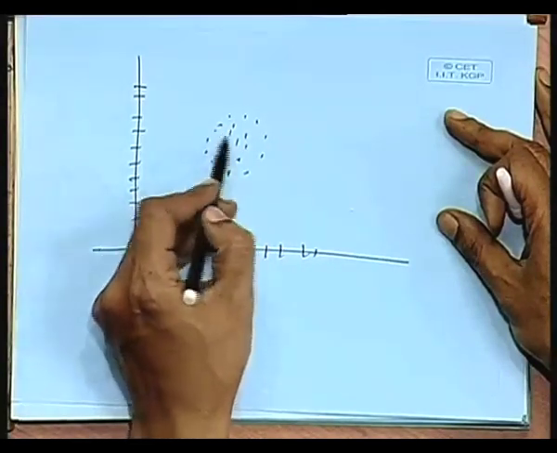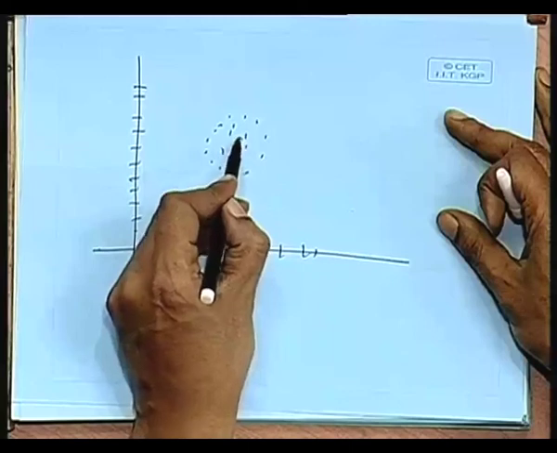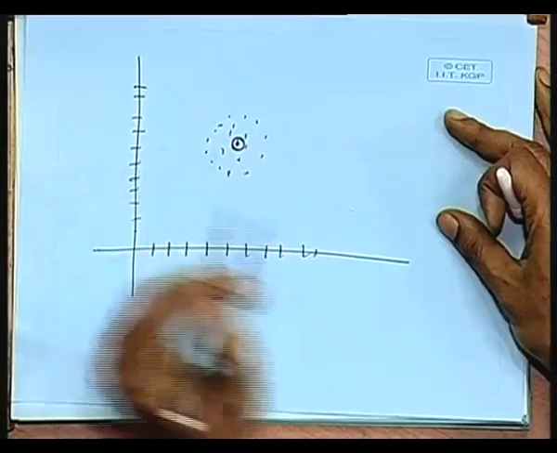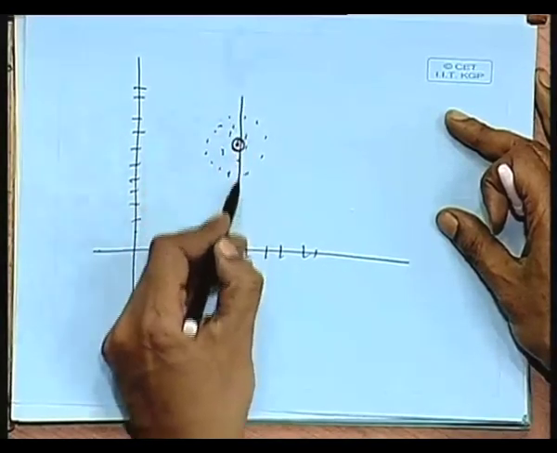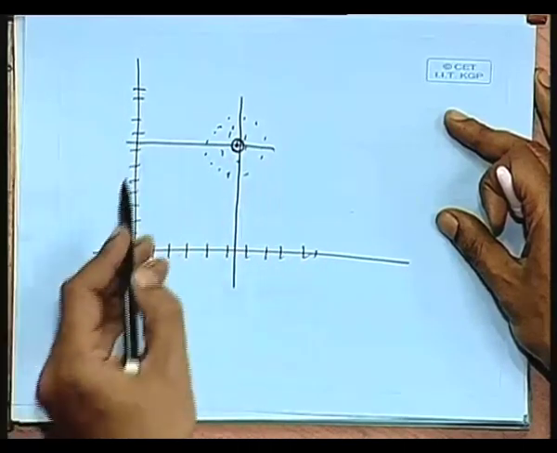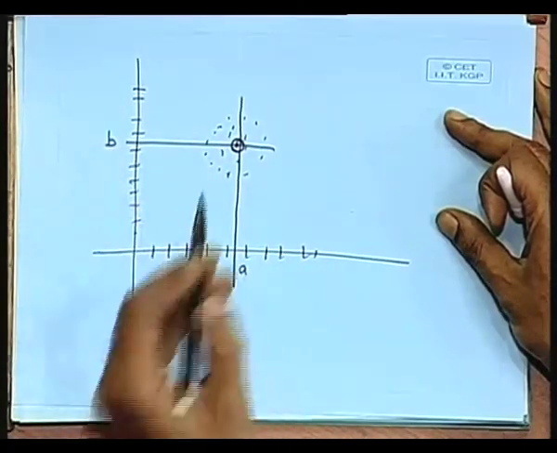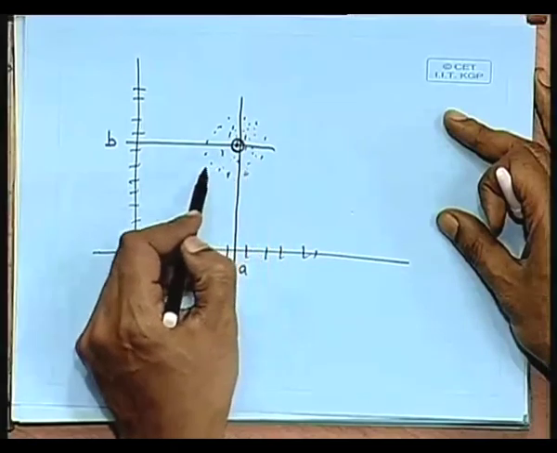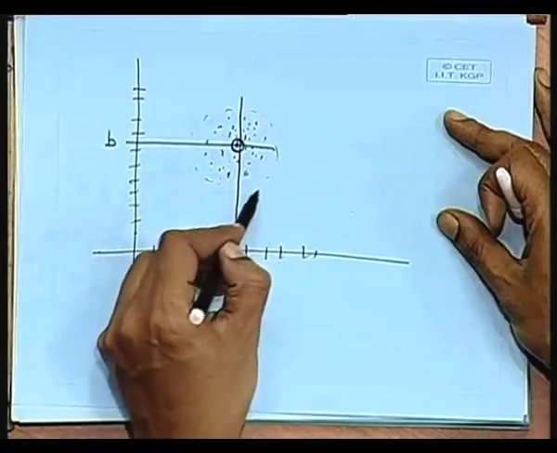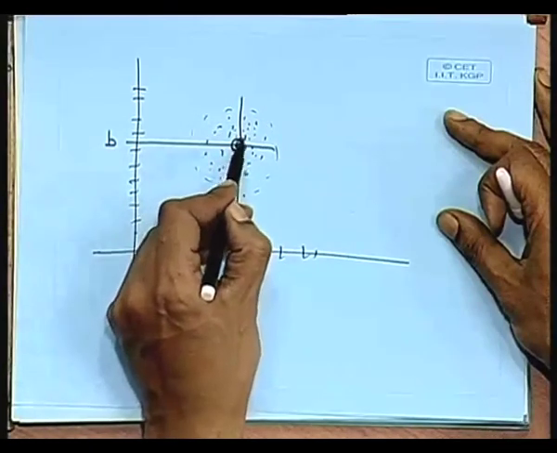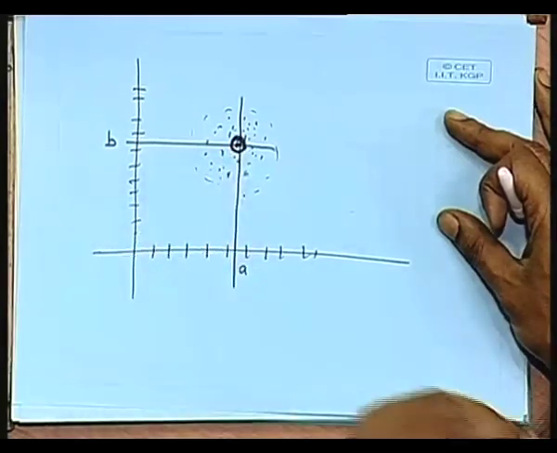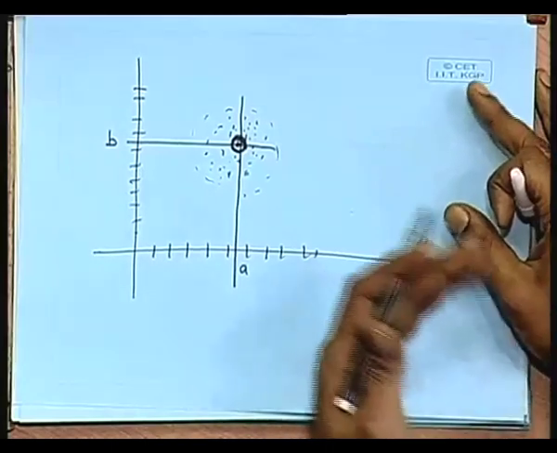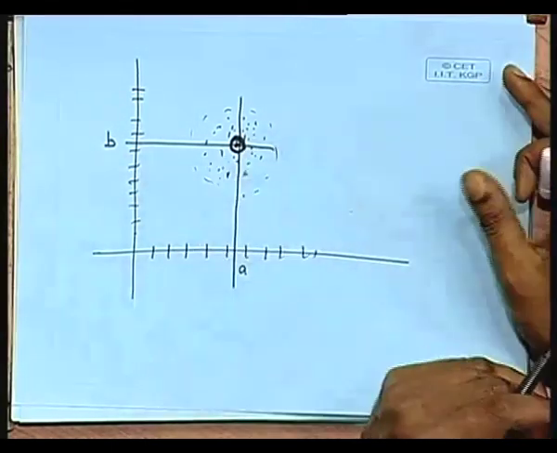If you take their average, you can say that it is, let us say, around the point (A, B). This is B, this is A. All these dots are random, but on an average they are spread out around the point (A, B). This is useful to know.